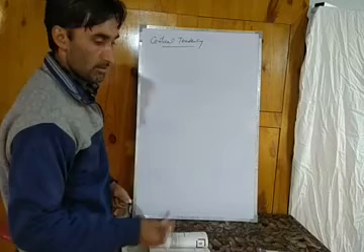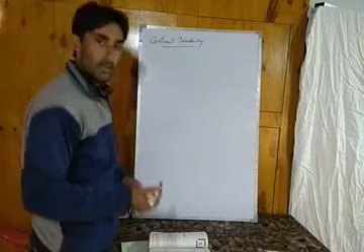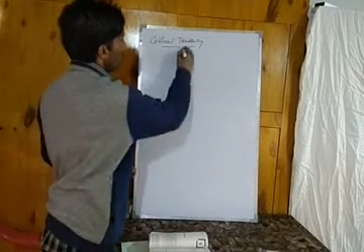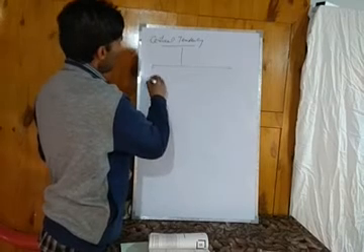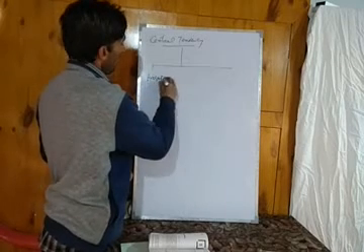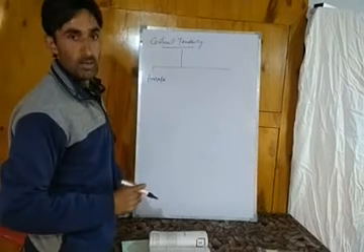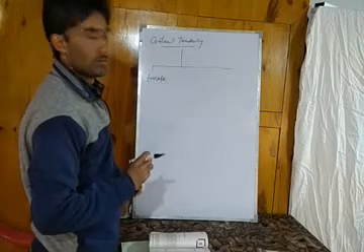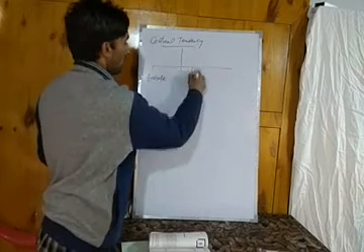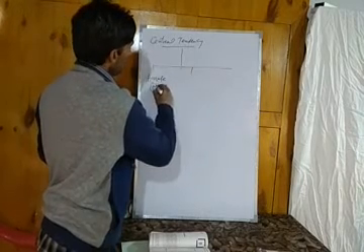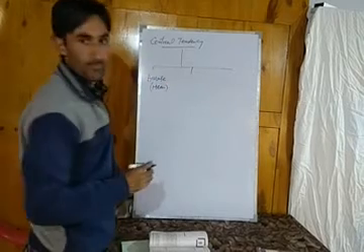The main and important methods to calculate the central tendency are, first, average. Average is one of the methods to calculate the central tendency or central value in the series. This average is also called mean.